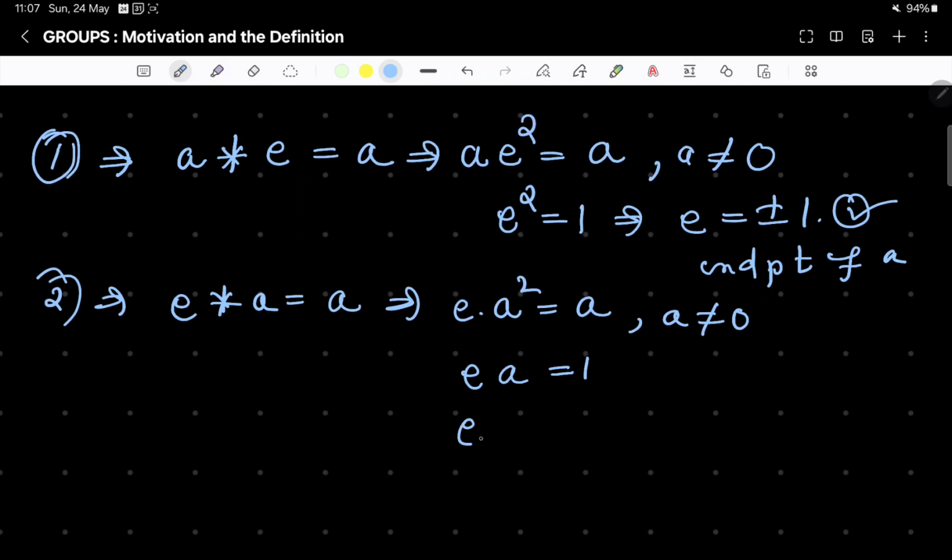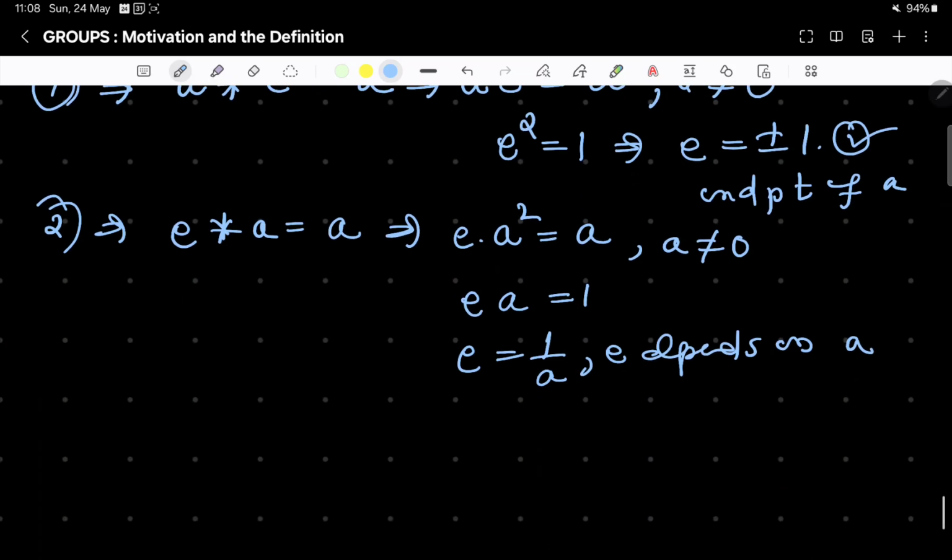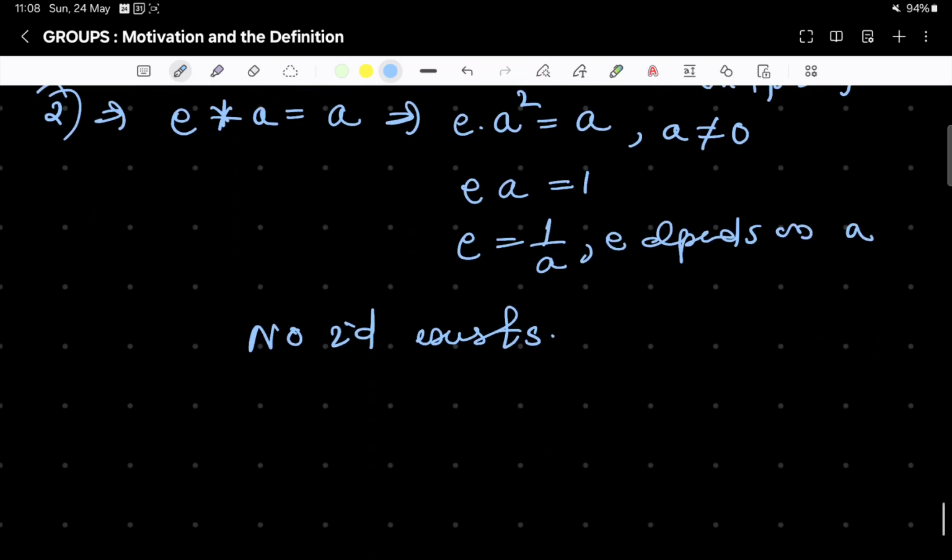So then E is equal to 1 by A. So this is a problem. E depends on A. Also they are not equal. So finally it is not going to work. So it is not possible for an element like that to exist. So no identity exists, because it should work for every A, but that's not what we get.